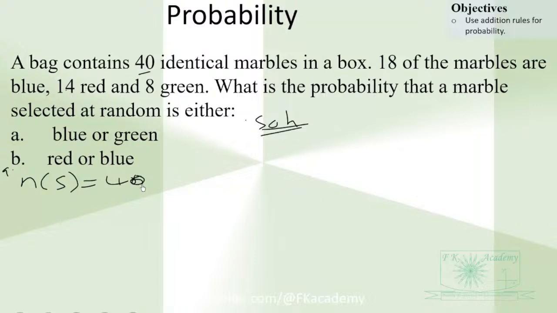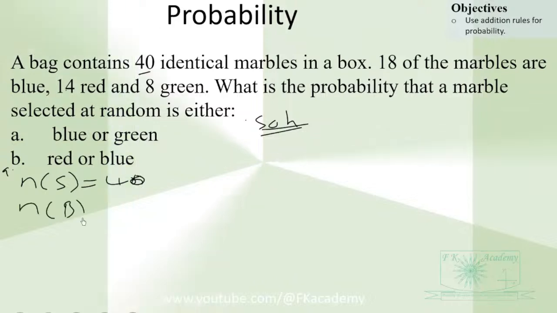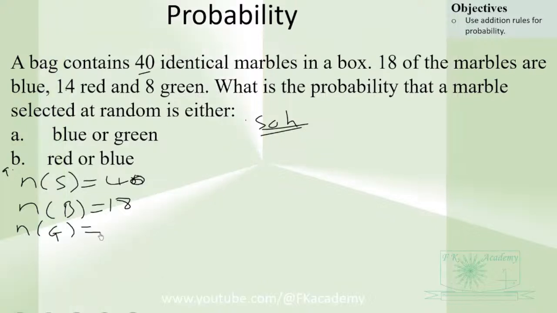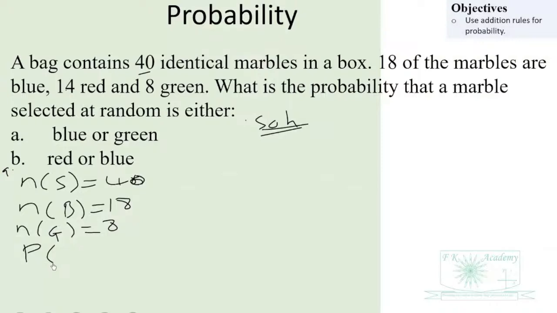Then number of elements that are blue, we have 18. And number of elements that are green, we have 8. So we have to find probability that the marble is blue or green.